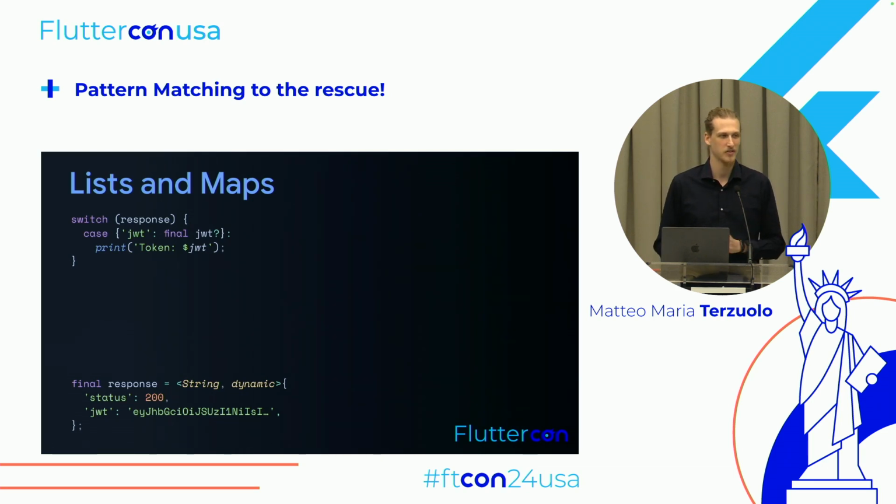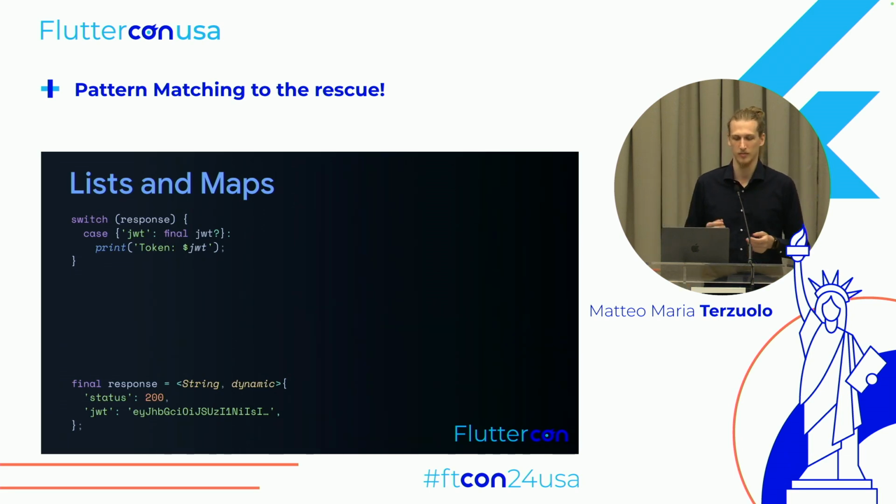And it's kind of strange in my opinion, because we use the bang operator in our code to tell that variables are not null, but in that case it's the question mark that is used to check and say, okay, go in my branch if JWT is not null. So what we are printing here now is the token, and it's going to be printed only if it's not null. So it's kind of strange, but it works like that. Maybe in the future they will change it, I don't know.